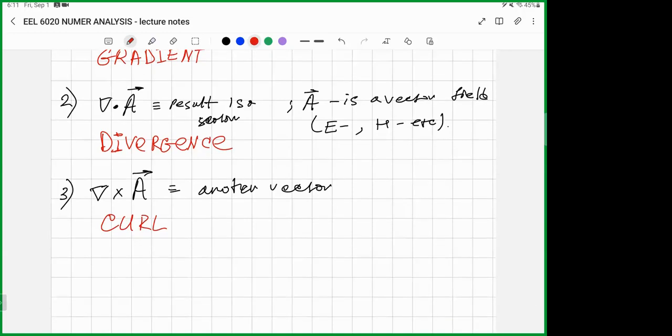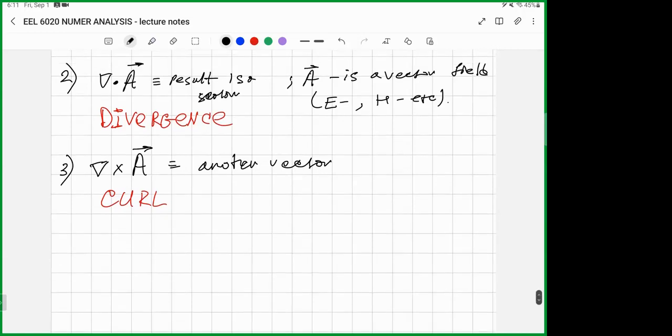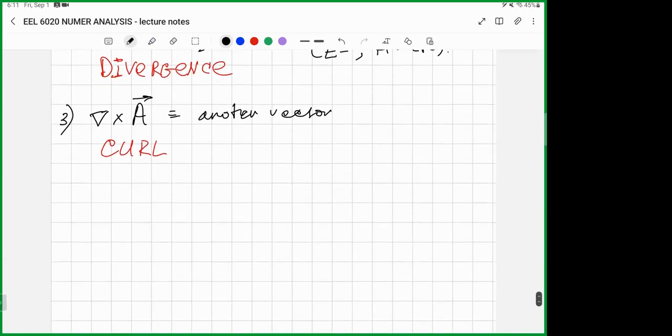For the reason that will be clear next week. So today we're going to discuss the gradient and hopefully divergence, and continue with the curl next week. So let's discuss the gradient.